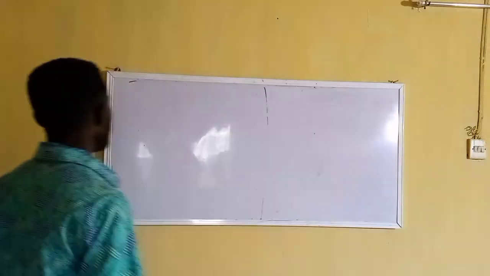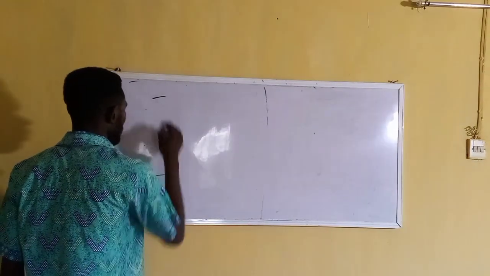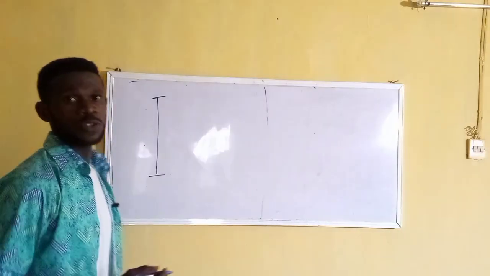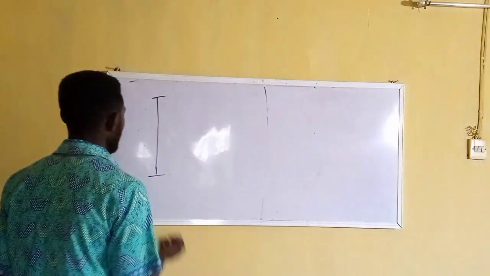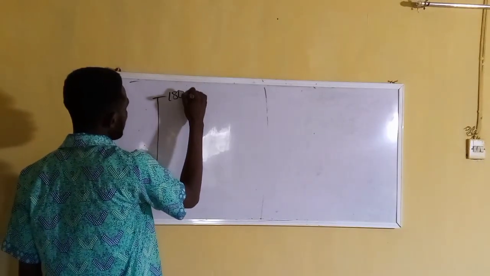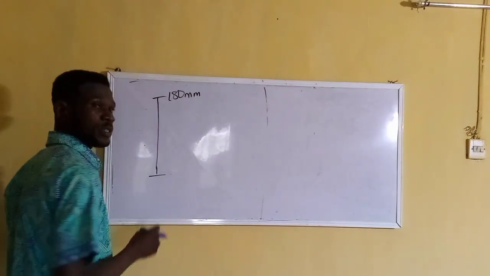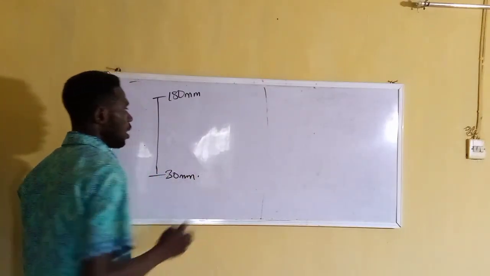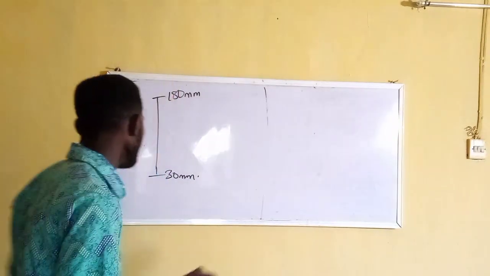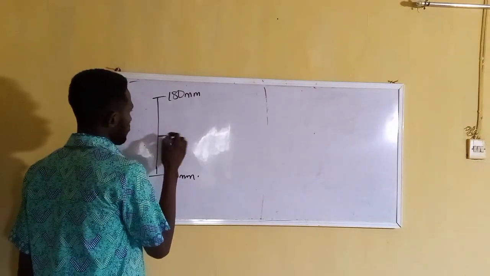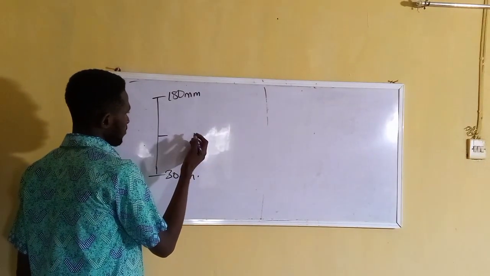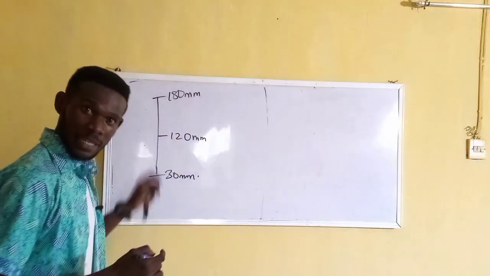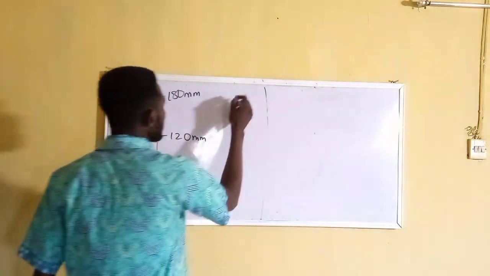So let's start. Assuming it was a millimeter scale and you're told that the upper fixed point of this particular scale is 180 millimeter, and the lower fixed point happens to be 30 millimeter, and you're told to find the equivalent of 120 millimeter in a Celsius scale.